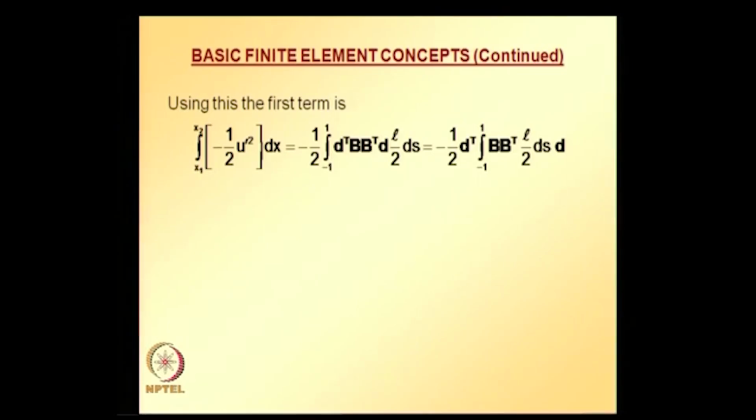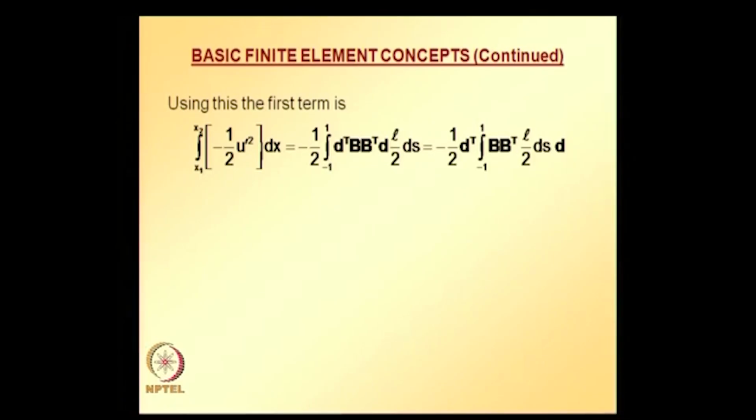And here one more thing I want to point out, ds and dx. If you see the first term, the limits of integration are from x1 to x2. They are replaced in the second term with -1 to 1, because in the s coordinate system x1 corresponds to s equal to -1 and x2 corresponds to s equal to 1, and dx is replaced with L over 2 ds, as you know from the relation between dx and ds.